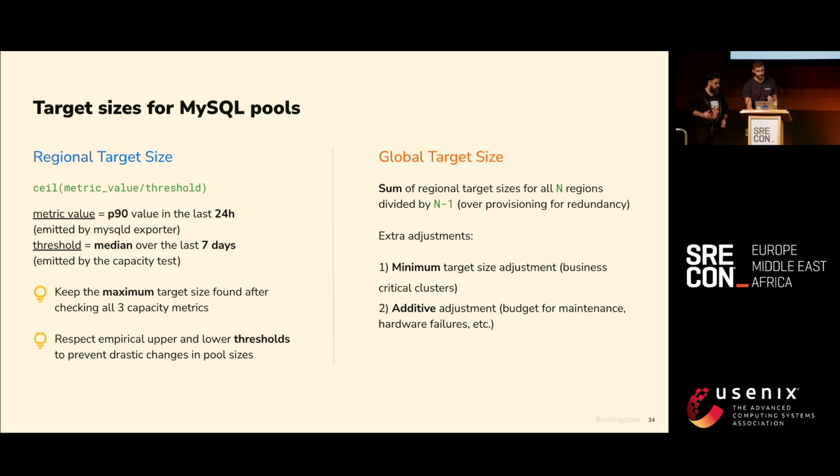And then let's talk a bit about how we calculate the target sizes, the desired state for our MySQL pools. First of all, we calculate the regional target size, the target size of each pool instance running in a specific region. This is calculated as a division between the P90 value of the capacity metric in the last 24 hours, which is emitted by the MySQL exporter, and we divide this by the median of the same metric over the last week.